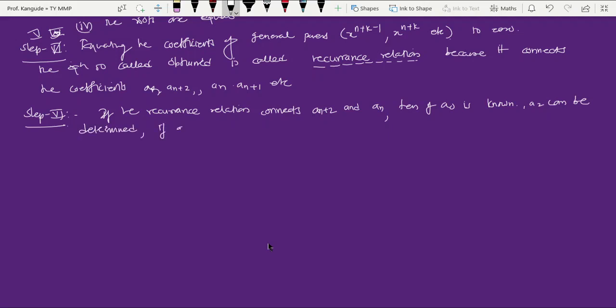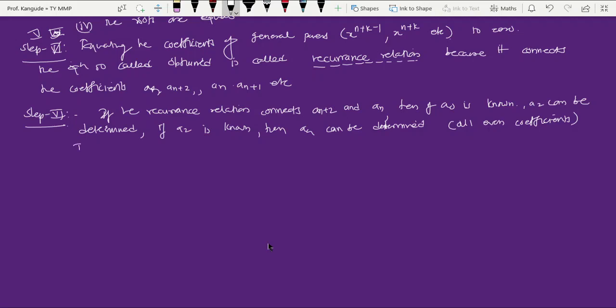If a2 is known, then a4 can be determined, and so on. All even coefficients can be determined. That is, if the recurrence relation between an plus 2 and an is defined, and if the first constant a0 is known, then all even coefficients can be calculated.